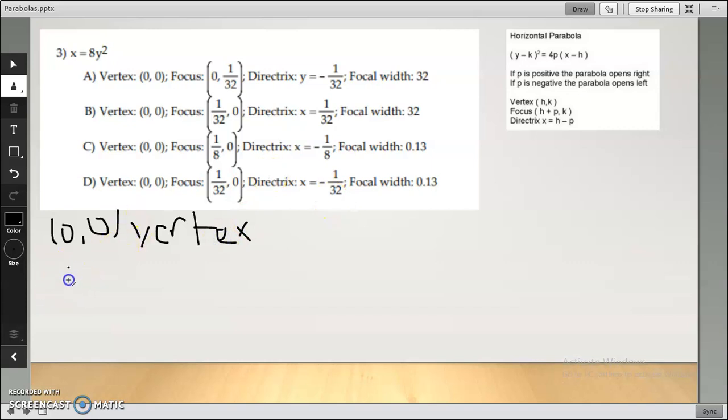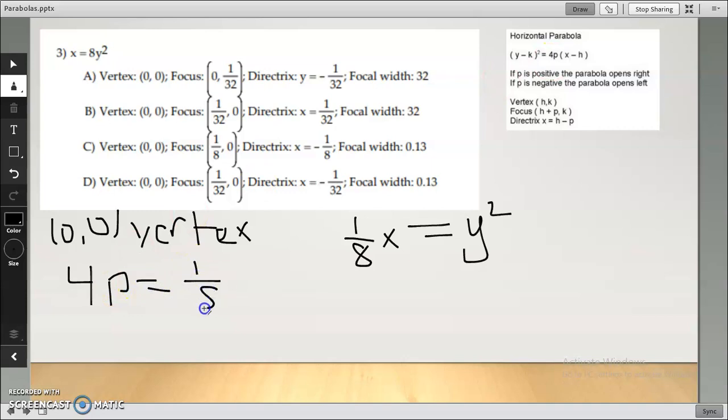I know that 4p is, I don't have anything in front of my x, so I need to actually divide this. So instead, I'm going to divide by 8. I have 1/8 x equals y squared. And so now it looks like this equation. So 4p equals 1/8.